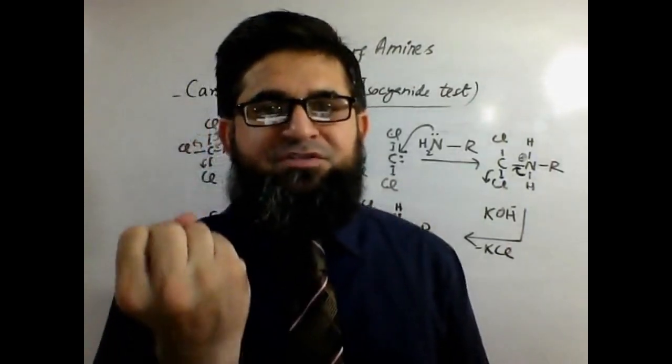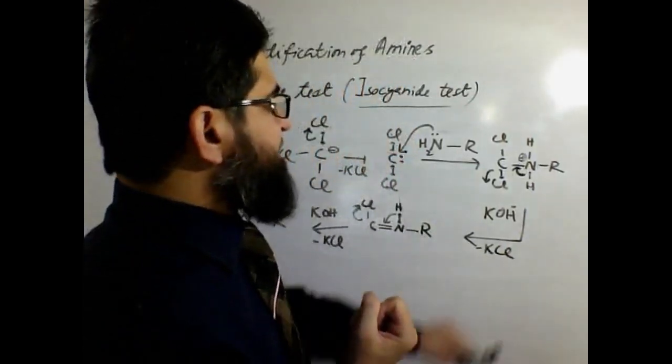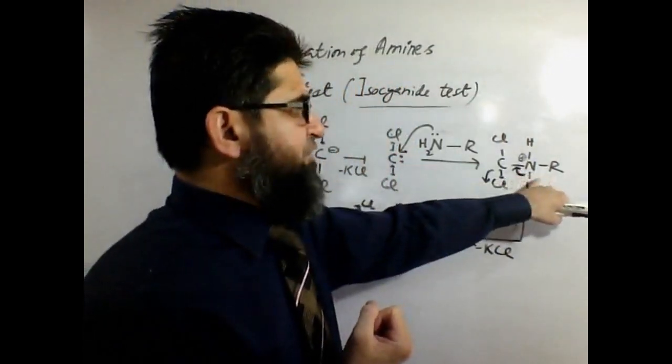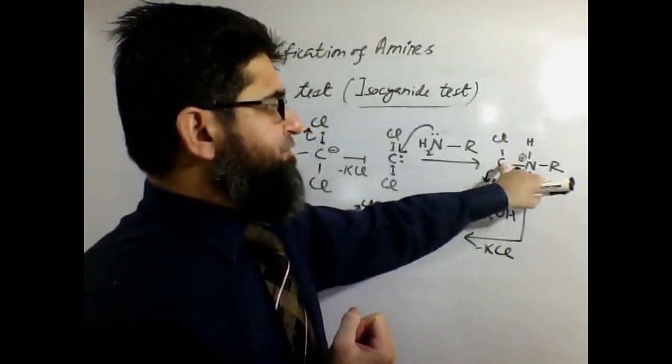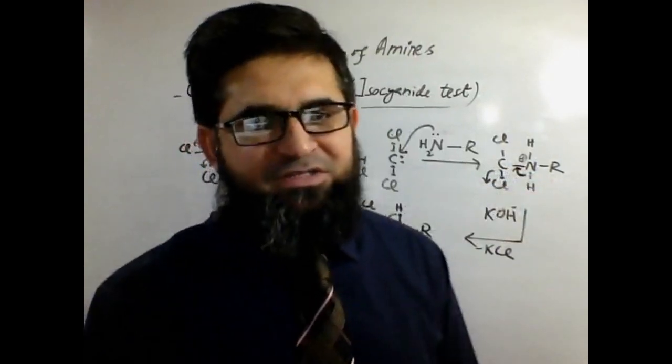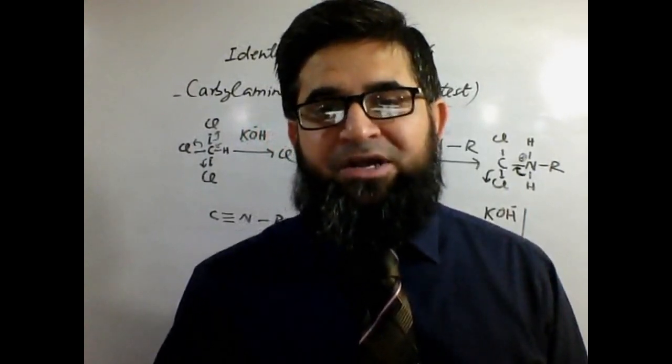Those protons are then removed from the nitrogen. Resultantly, the bond between nitrogen and hydrogen is moved to generate a new bond between carbon and nitrogen. And this happens two times because two chlorines were attached to the carbon.